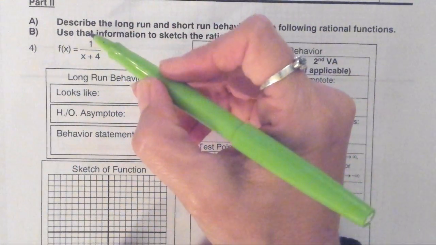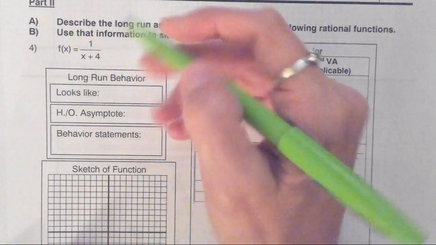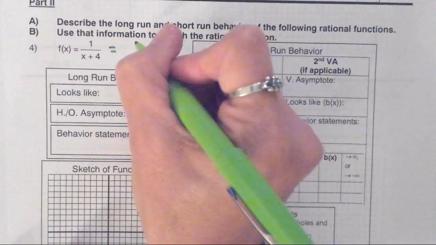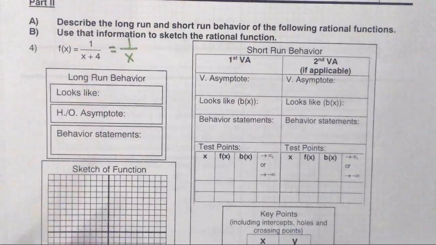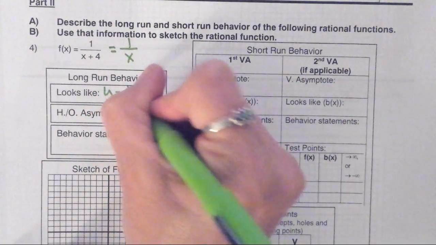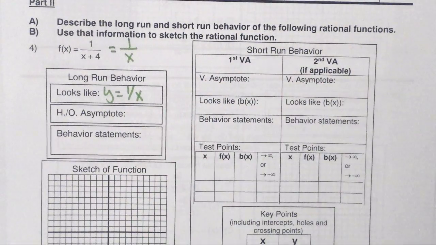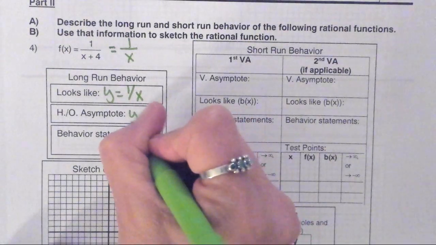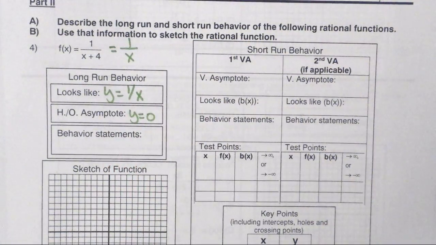If I asked you to go reduce your leading coefficients, and I'm only looking at the leading ones, it would reduce to 1 over x. That means this equation, long run, is going to behave like a 1 over x. This is what we did Tuesday. I didn't have to do any dividing right now. So since I didn't divide, the asymptote stays at y equals 0.